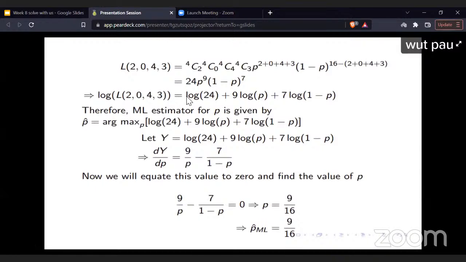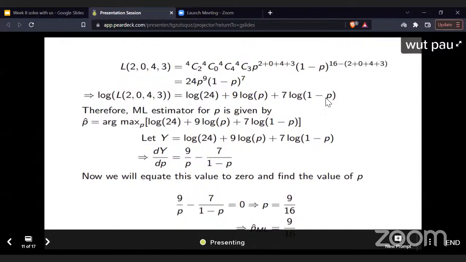Once we find the log likelihood function, now we have to maximize it. We have to find such p that maximizes the likelihood function. In order to do that, we differentiate the log likelihood with respect to the parameter p.